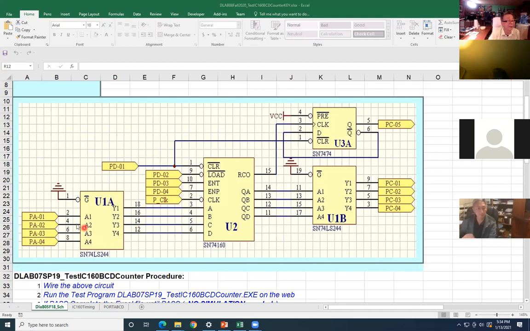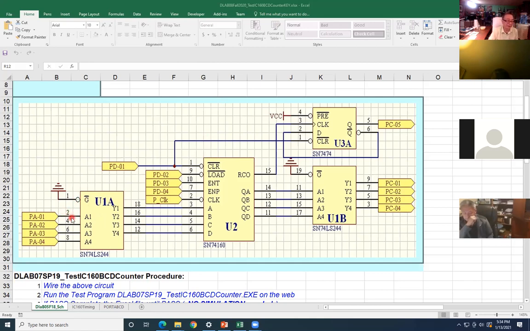Okay, the buffer means input pin 2 will be the same as output pin 18. Pin 4 and 16 the same, 6 and 14 the same thing, 8 and 12 will be the same thing. Pin 1 must be ground.